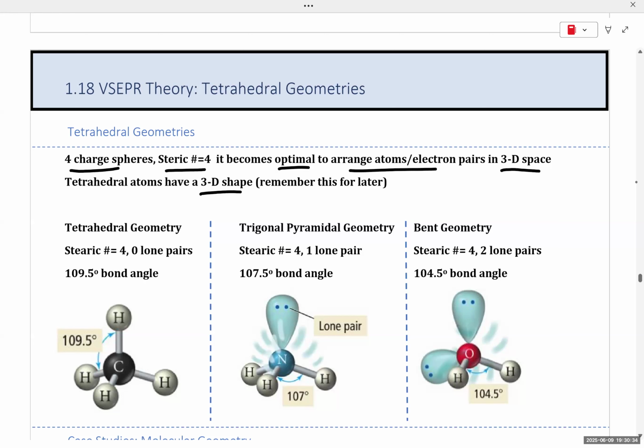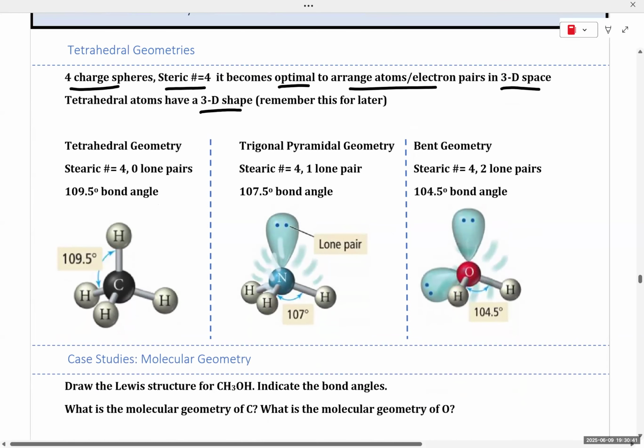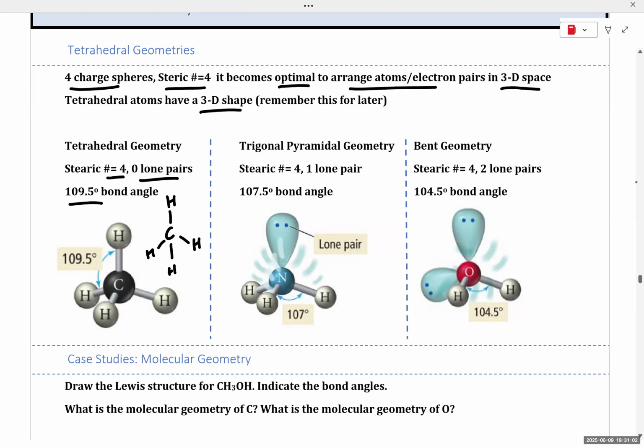Tetrahedral atoms have 3D shape, and this will be very important for later. Now, the common tetrahedral geometry has a steric number of 4 with 0 lone pairs. This gives us a 109.5-degree bond angle. One thing I'd like you to note is, just in this case for methane, CH4, the carbon has 4 bonded atoms. In other words, there are 4 sigma bonds attached to it. And this carbon has an sp3 hybridization.